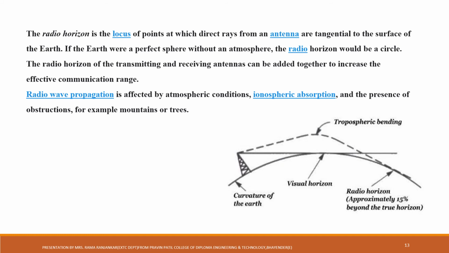The radio horizons at the transmitting and receiving antennas can be added together to increase the effective communication range. Radio wave propagation is affected by atmospheric conditions such as ionospheric absorption and the presence of obstructions, for example mountains or trees.